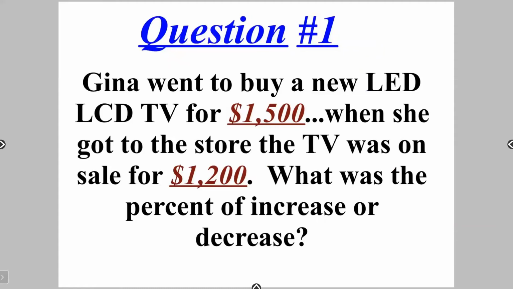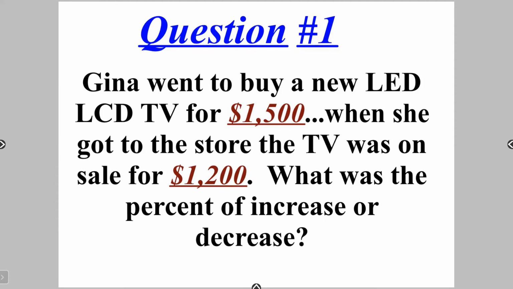TVs. You look at it and say, okay, I planned on spending $1,500 for this gigantic TV. And when I went to the store, I was shocked because this TV is now on sale, and I want to figure out specifically what percent off that I got on the sale.